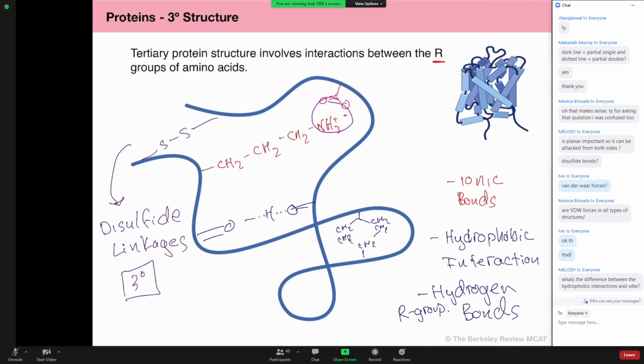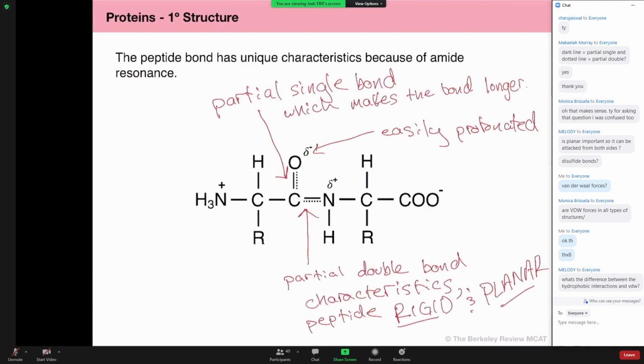What's the difference between hydrophobic interactions and van der Waals forces? Van der Waals forces, right? If we can go back, and someone correct me if I botched this, would be dealing with these partial charges right here, right?